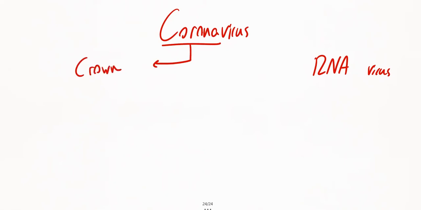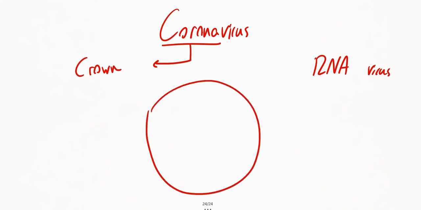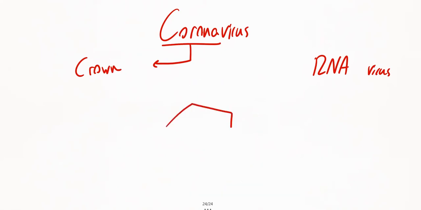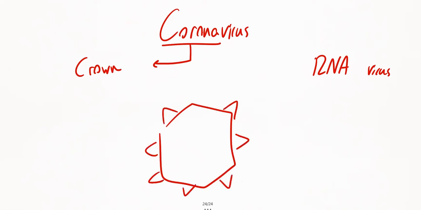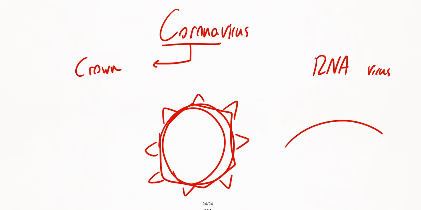Because if you look at this virus under a microscope, it's going to look something like this. It's more circular, actually. It has these spiky things like the crown of a princess.